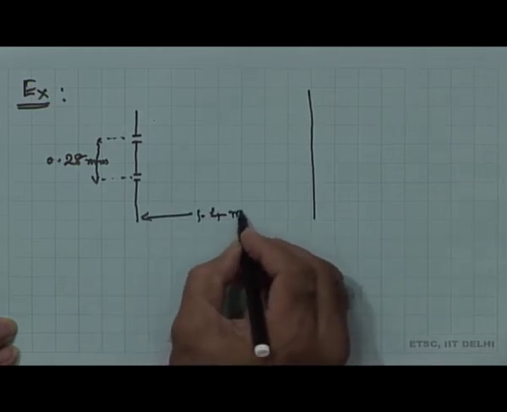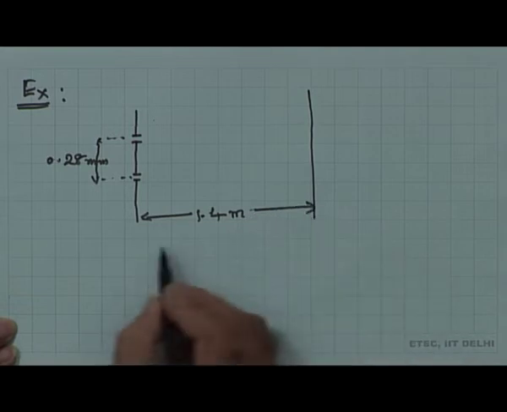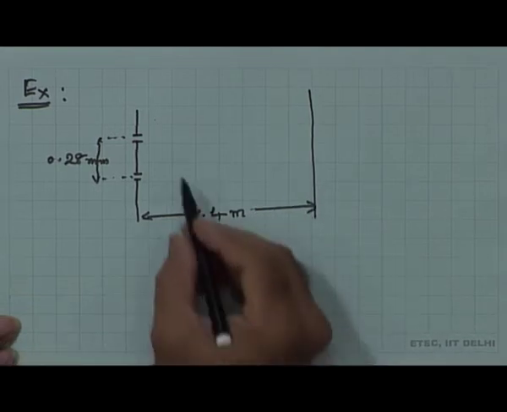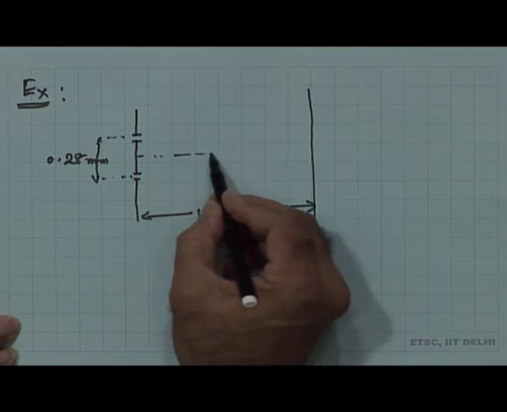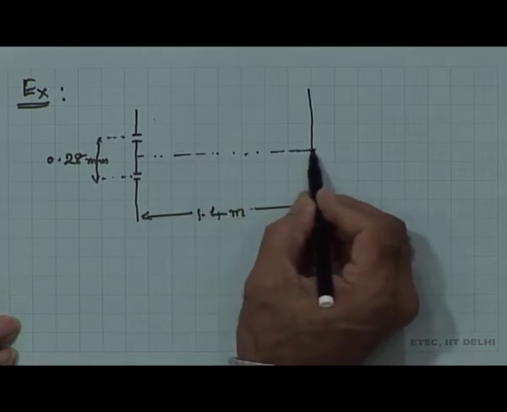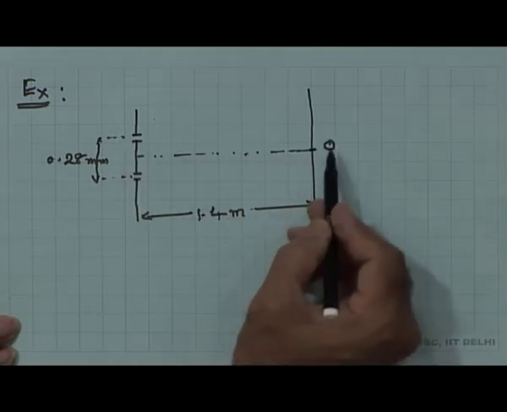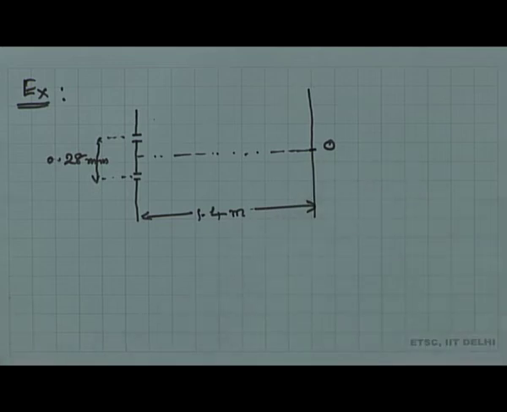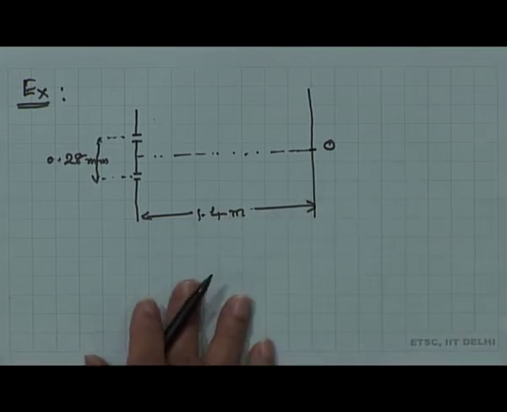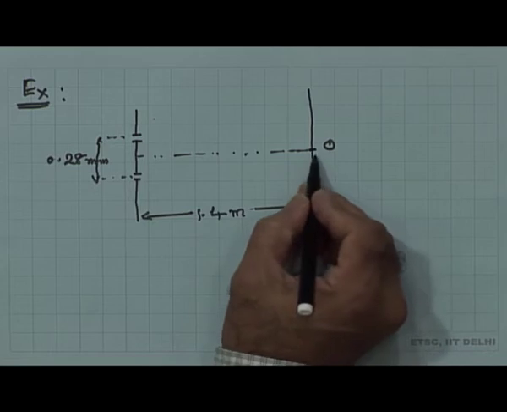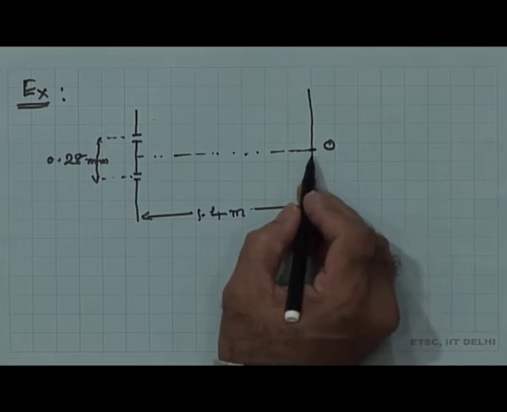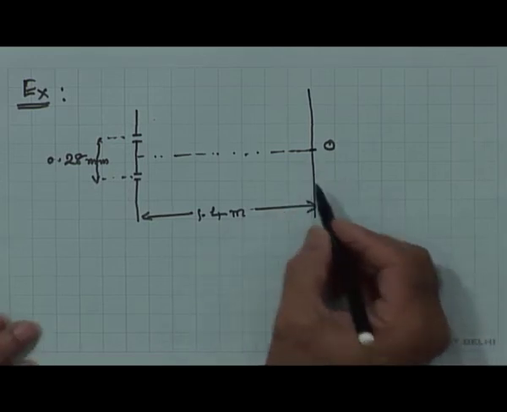We had taken a typical number of about 1 meter. So, D is given as 1.4 meters. This is the point O where the path difference will be 0. The question says further that the distance between the central fringe and the fourth fringe is 1.2 centimeters.